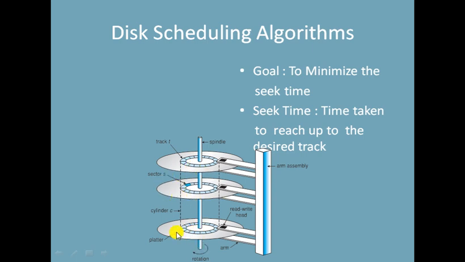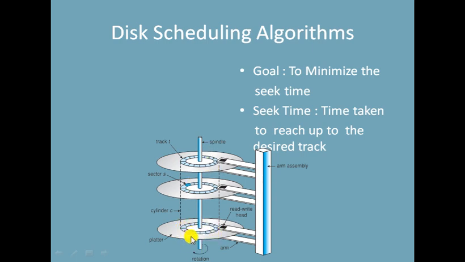Here each disk is called a platter. There are 3 platters, all supported by a spindle. On each platter, if you observe, there are circles, and each is divided into a number of boxes.